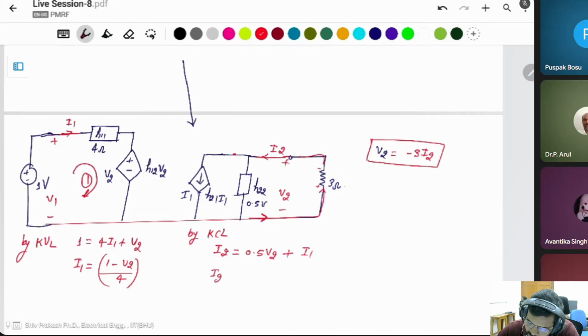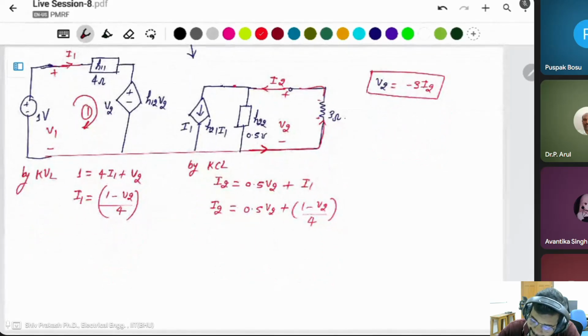We have to replace I1: 0.5 V2 plus I1, where I1 is (1 minus V2) divided by 4. If you take the LCM, I2 is equal to (2 V2 plus 1 minus V2) divided by 4.